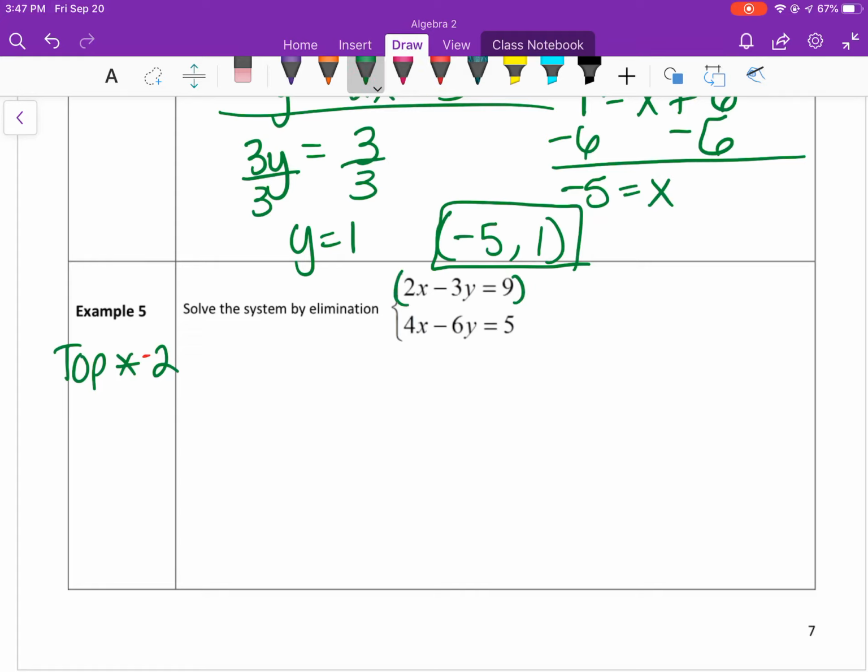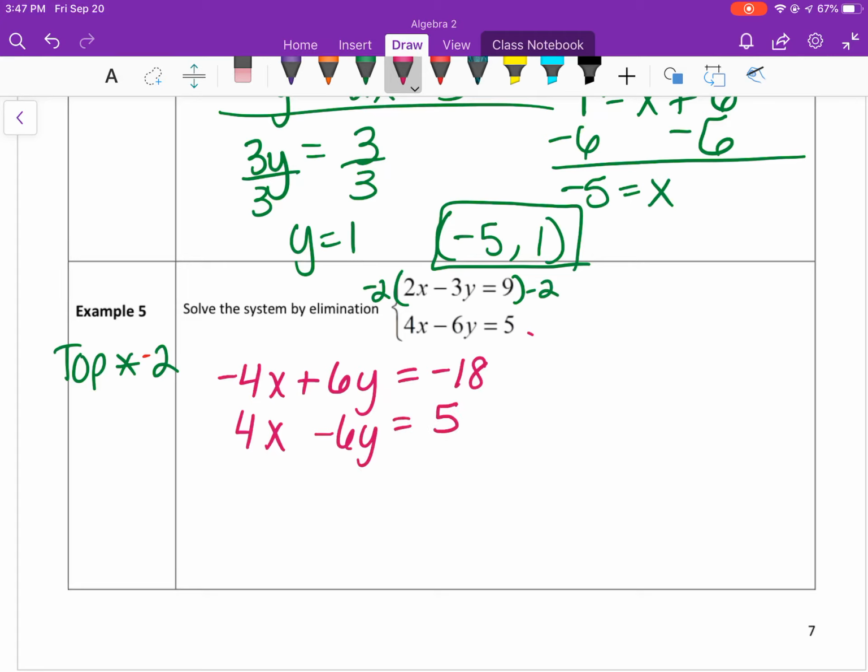So I multiply everything by negative 2. That gives me negative 4x plus 6y equals negative 18. The bottom equation I'm going to keep the same, 4x minus 6y equals 5.